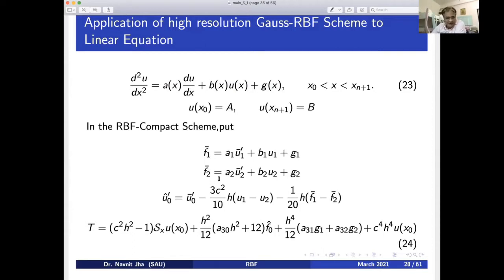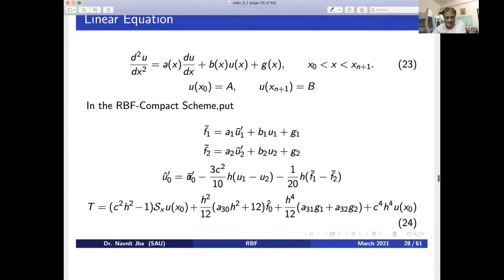Now similarly f2 is written like this, and put the values of k1 and k2, which are minus 3c square by 10 and minus 1 by 20, in this equation, and you have this scheme already known to us.